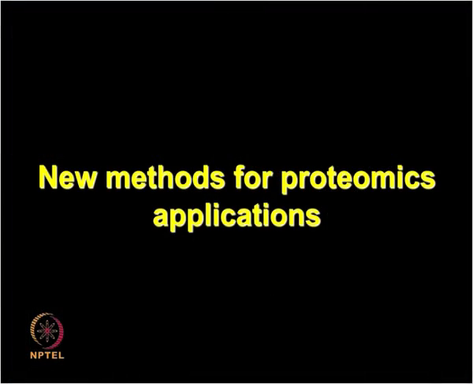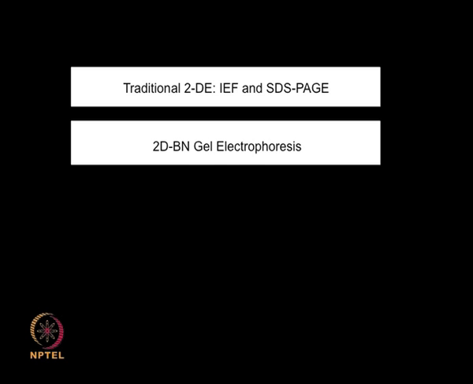Based on these gel based methods, there are new methods which have emerged for different proteomic applications. The conventional or traditional methods of two-dimensional electrophoresis and SDS PAGE we have talked about in detail. Two-dimensional blue native PAGE electrophoresis also we described and discussed in the last lecture.